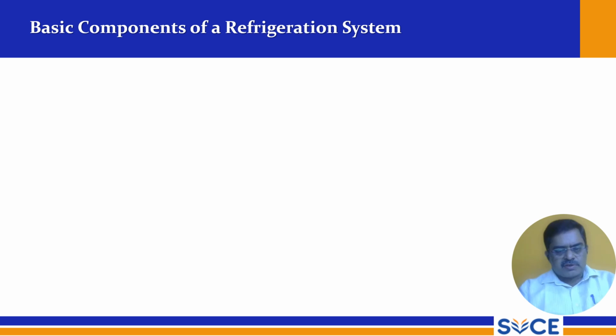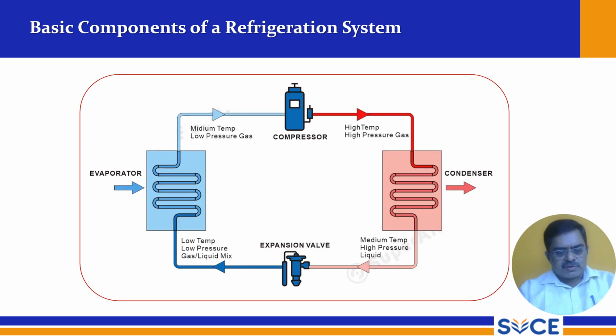So the basic components of a refrigeration system, those four you can see here. The first component is the compressor. It produces high temperature and high pressure gas, the gas being the refrigerant. Once it comes to the condenser, it becomes medium temperature and high pressure liquid. So the temperature becomes a little lower, and the pressure is maintained.